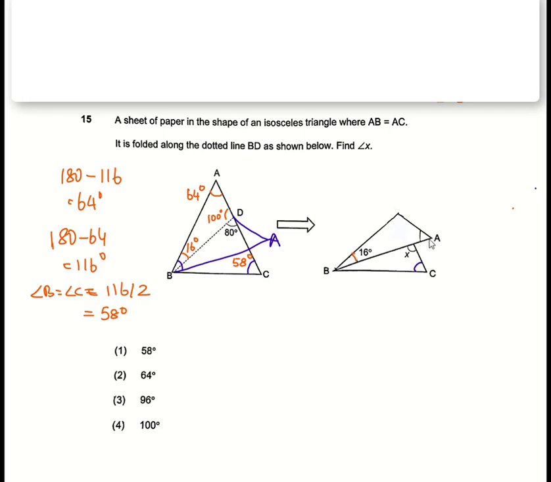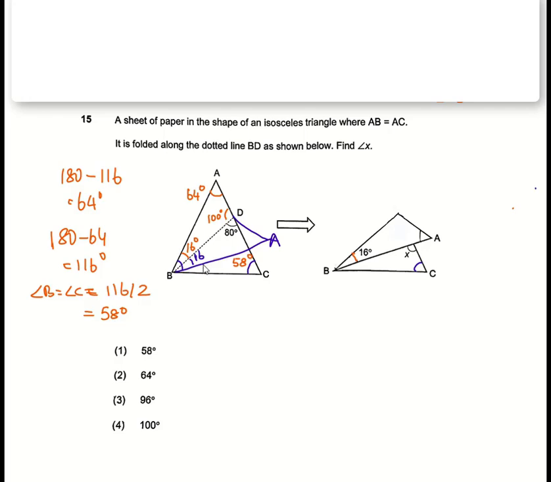So we just folded it like this, which means if this was 16, this should also be 16 here. Is that right? So now, after you folded, you got a 16. This was 16 before, right? This is 16 again. And you know that the whole thing here is 58 degrees.